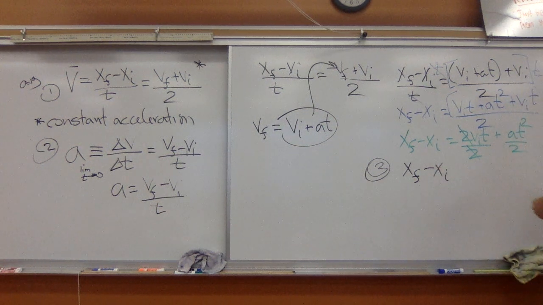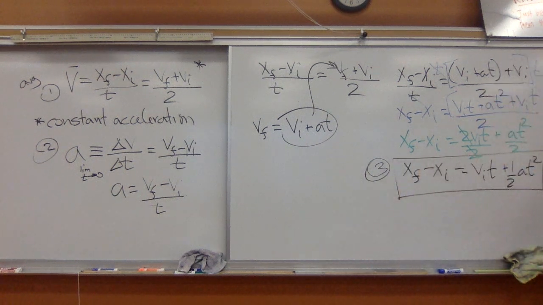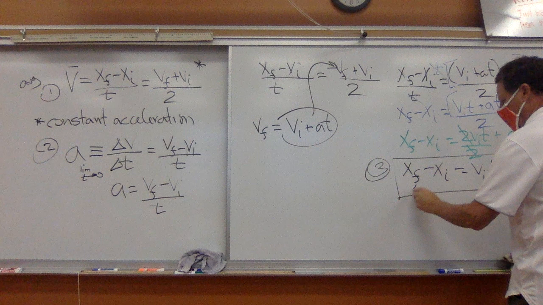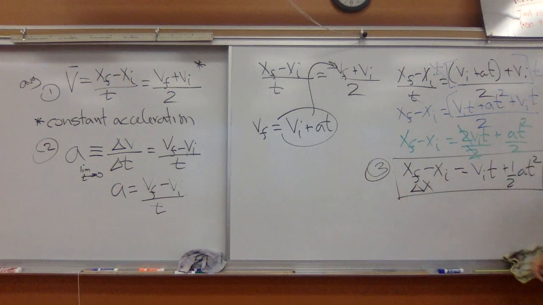is equal to v initial t plus 1/2 at squared. Makes sense? You could even see that we might call this delta x, or delta d.